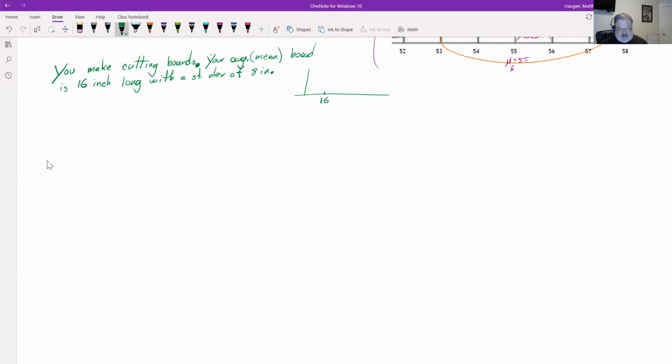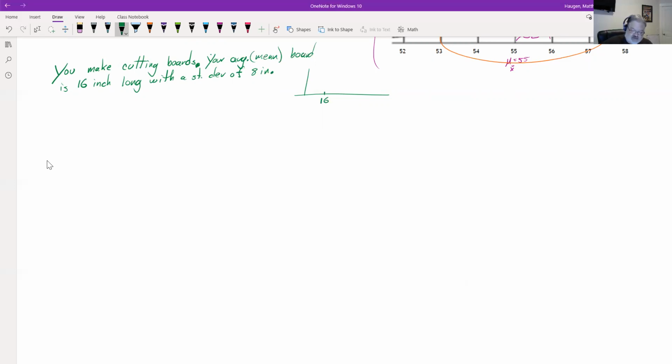Now that standard deviation of 8 inches is still fairly large in comparison to that 16. If somebody asked us if this population was normally distributed, which is not an unreasonable question, it might be tough to decide how to know. But let's look.